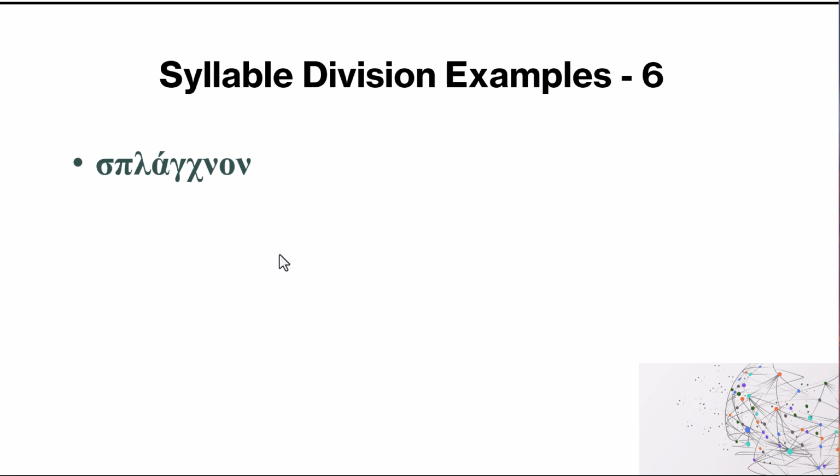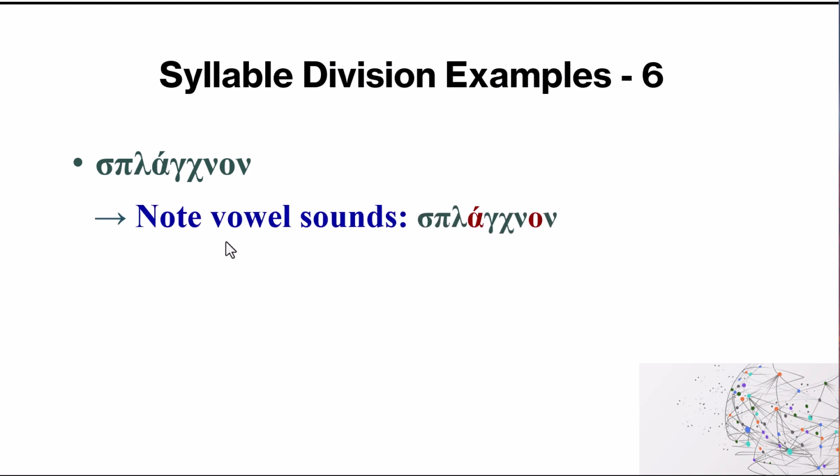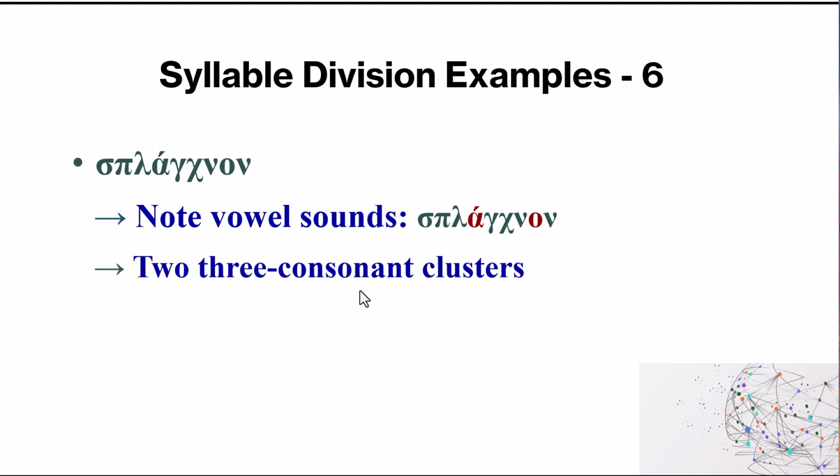Our last word, splanknon, actually has two sets of three consonants together. Let's first note the vowels. We have an alpha and an omicron, so that's going to be two syllables, even though we have a lot of consonants. We have two three-consonant clusters.